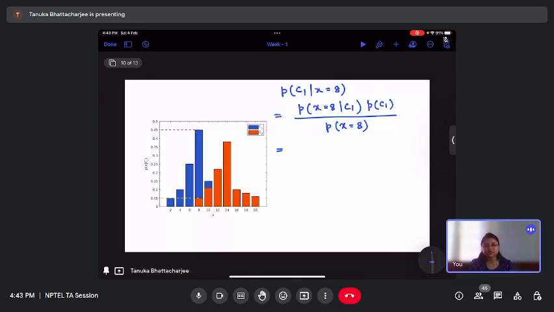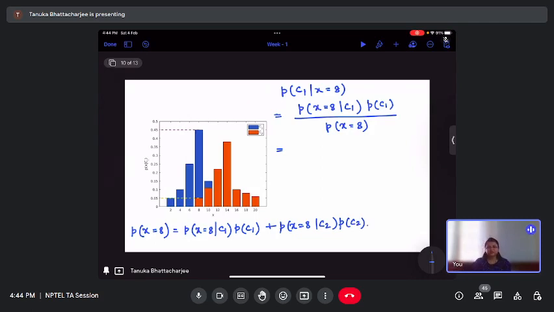The only one remaining is probability of x equal to 8. You can write it as probability of x equal to 8 given C1 into probability of C1 plus probability of x equal to 8 given C2 into probability of C2.